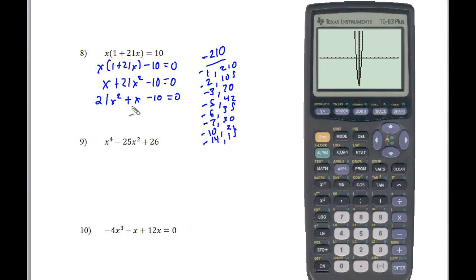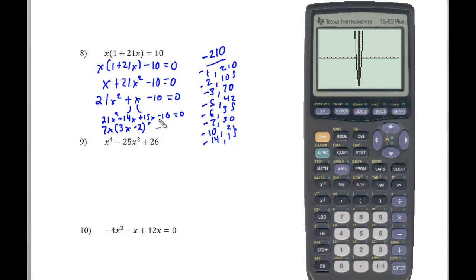Woo! So we split this up into 21x squared, negative 14x and positive 15x minus 10 equals 0. What we can factor out of the first two terms here is going to be a 7x, and that leaves me with 3x minus 2.